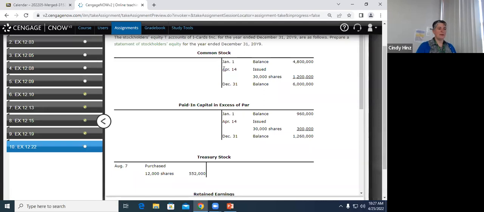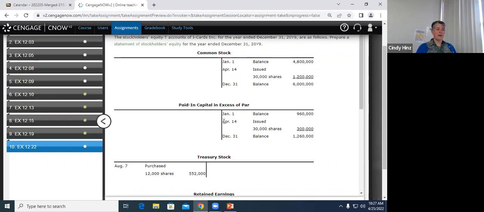What happened to the common stock account during the year? It increased. Why did it increase? Because we sold some new stock. You can see a credit to this account for 1.2 million.